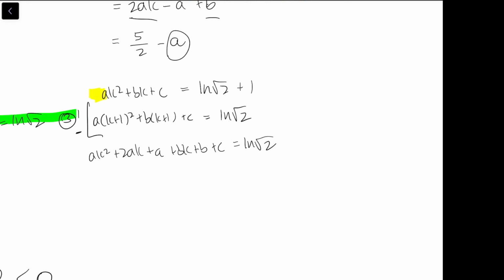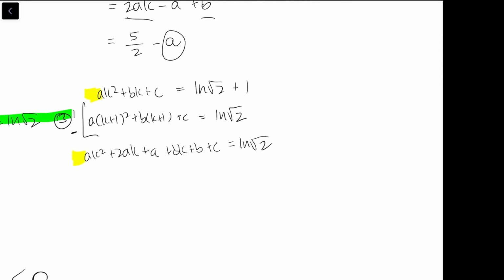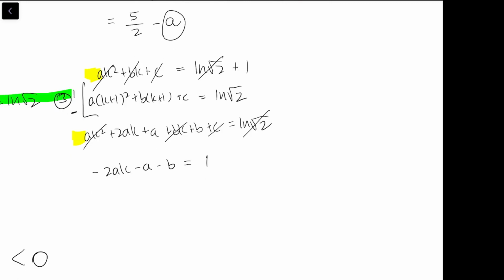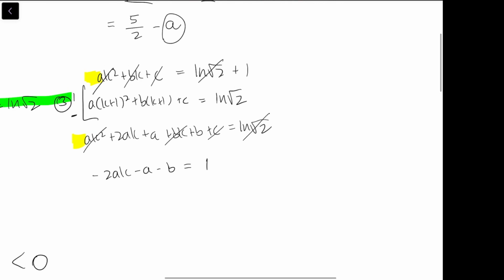Since we're finding the difference between this equation and this equation, we can do a few cancellations. So this cancels, c cancels, bk cancels, ln root 2 cancels, and now we have negative 2ak minus a minus b equals 1. Let's multiply both sides by negative 1. We get 2ak plus a plus b is equal to negative 1.